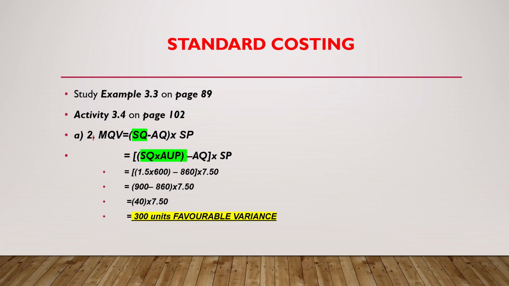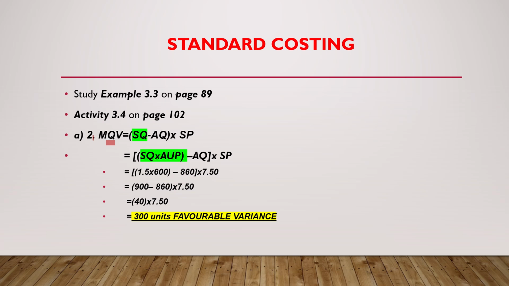Now we are doing material quantity variance. What is our focus here? Of course, we're talking about material. Our focus is quantity. So we're going to compare standard quantity and actual quantity. So your formula will be standard quantity minus actual quantity multiplied by standard price.